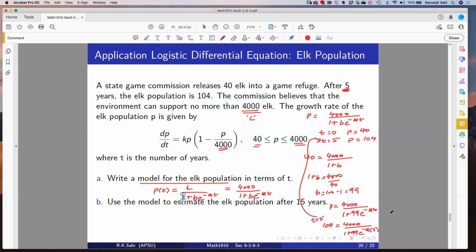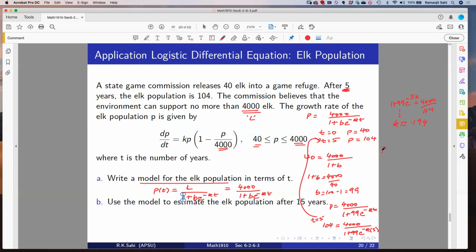So once again, it's a simple calculation, and I will let you guys do this. Just to show you a little bit of this: 1 plus 99 e to the power negative 5k equals 4,000 over 104. And so then just go ahead and do it. K comes out to be approximately 0.194. Okay, so you can do the rest of the work.